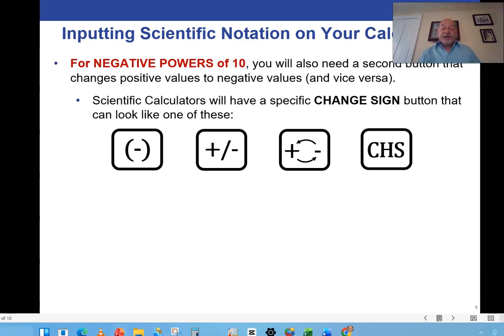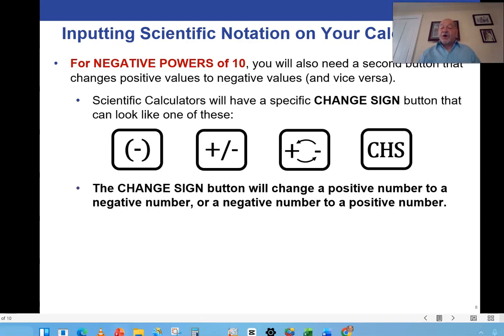It might be a plus/minus sign with arrows showing conversion of plus to minus and minus to plus, or it might be CHS for change sign. All of these buttons are used to change the sign of your number. In other words, if it's a positive number, it will change it to a negative. If it's a negative number, it will change it back to a positive.